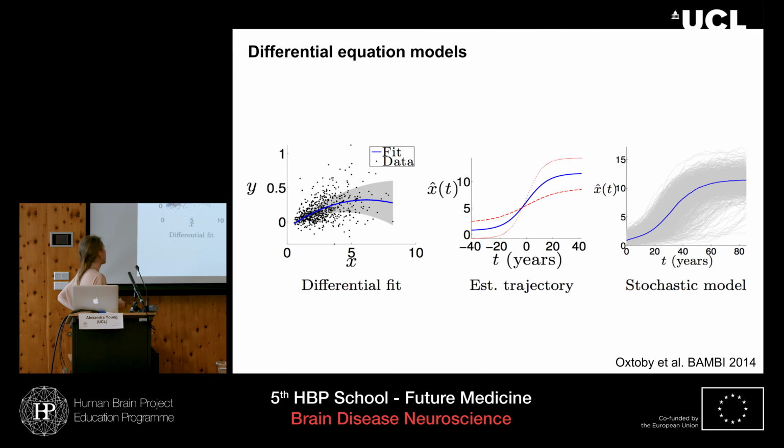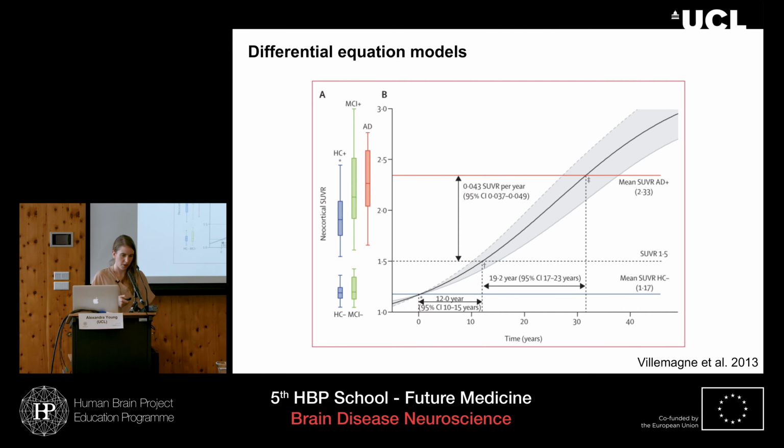So you have the value at baseline and the slope, so the differential. You can then integrate this to get the estimated trajectory of that biomarker for the whole population. And this can be formulated in stochastic ways as well, to get an uncertainty in this biomarker curve.